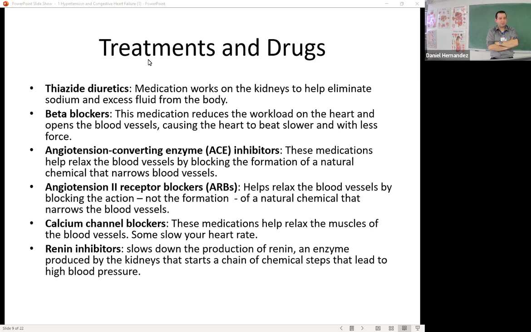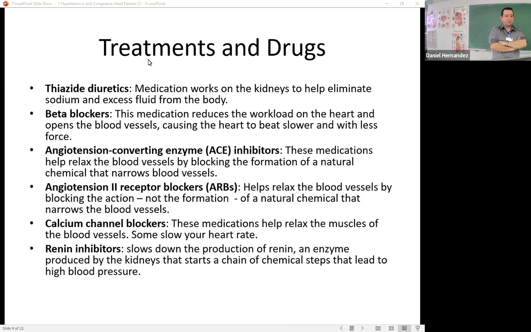We also have calcium channel blockers. This helps to relax the muscles of the blood vessels, and some also slow the heart rate. We can have medications like renin inhibitors. These actually work on the kidneys, to help slow down the production of renin. This is an enzyme that's produced by the kidneys that starts a chain chemical reaction that leads to high blood pressure.